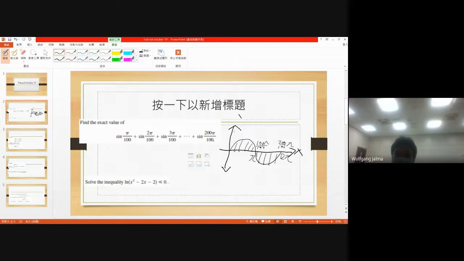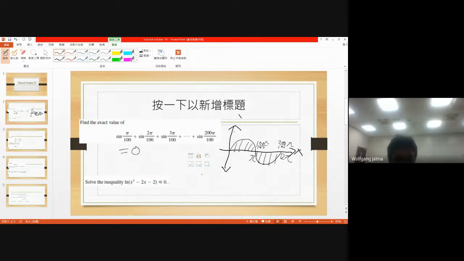So the total is equal to 0, because every positive part on the left will have the same inverse negative part on the right-hand side. So it will be positive x, minus x, positive y, minus y, and so on. So the total will be 0.